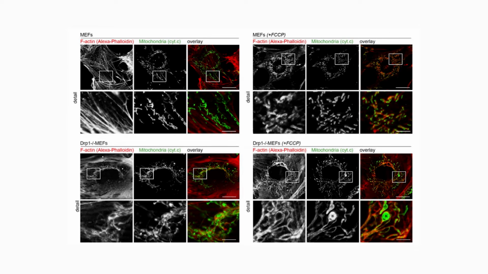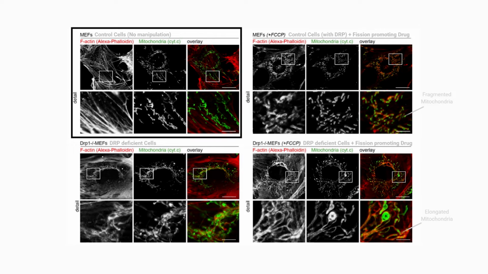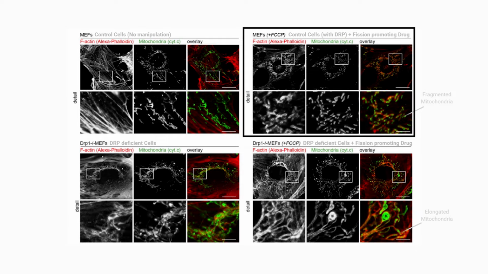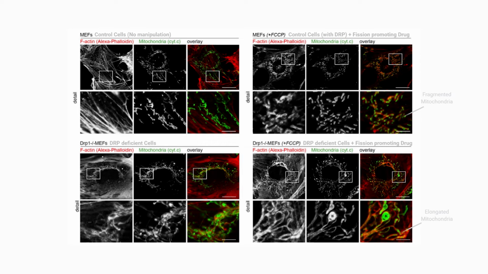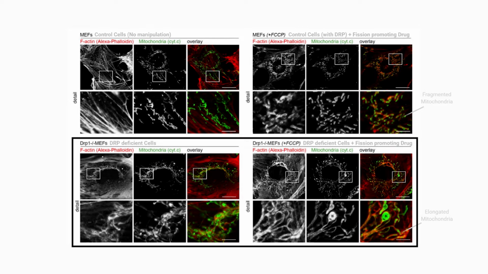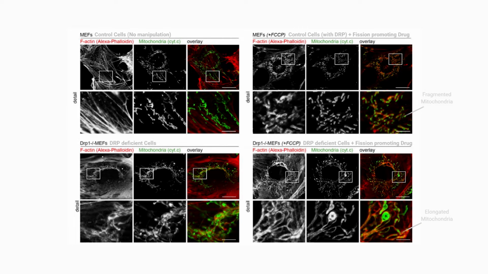Interestingly, the researchers looked at control cells without any manipulation. Then again at those cells, but they add a fission-stimulating drug, and then they repeat both experiments with and without the same drug, but in cells that do not express DRP1, the key fission protein I mentioned. You can see two things here.